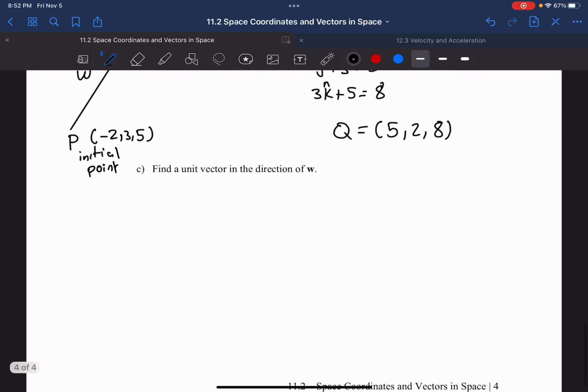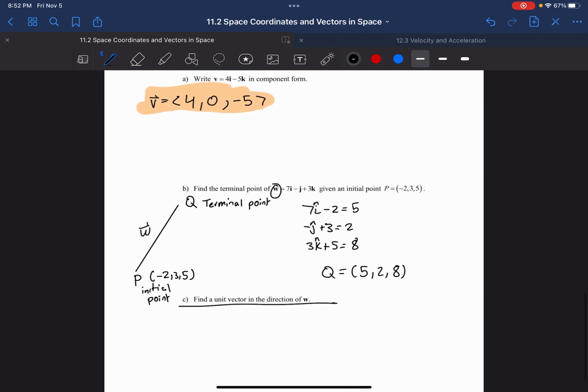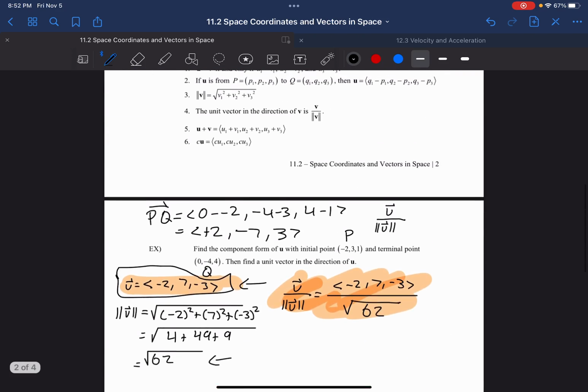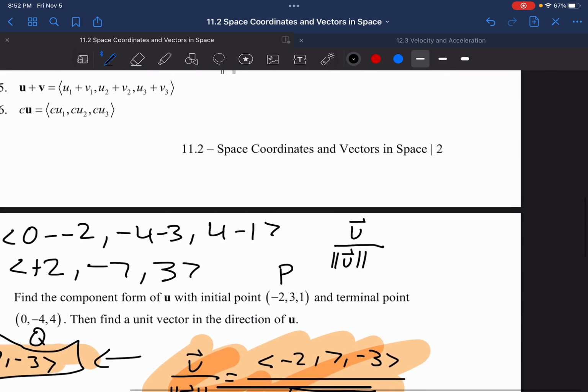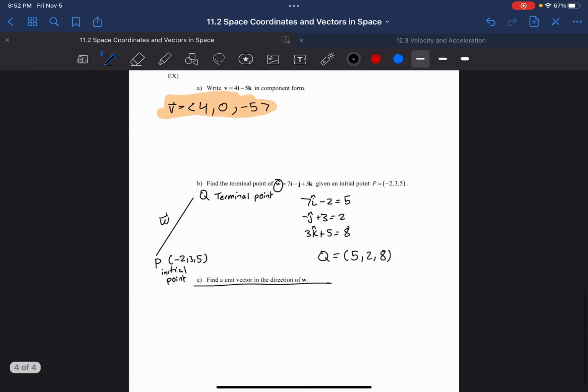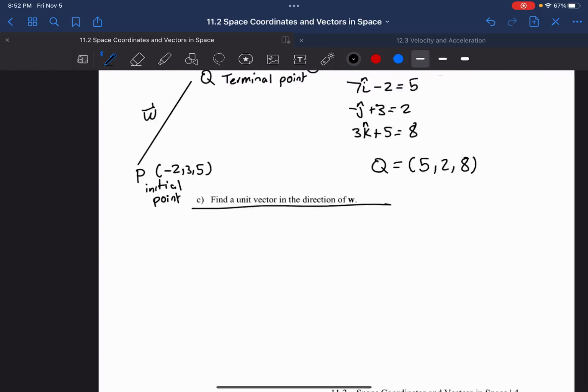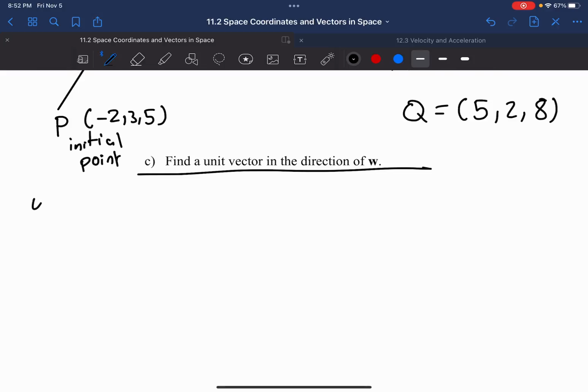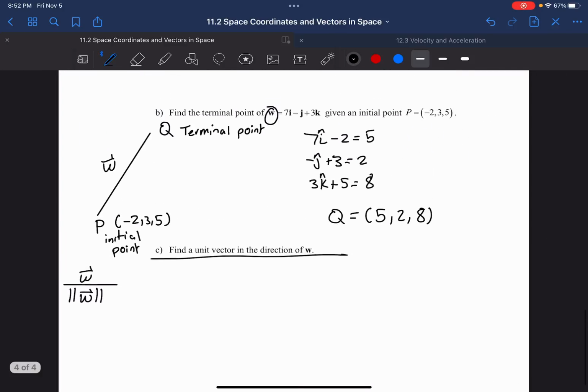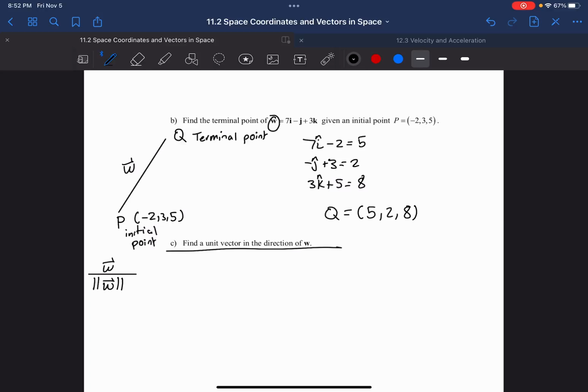So for part C, you want to find the unit vector in the direction of W. Okay, so I showed you guys earlier, this is the equation for how to find the unit vector. So let's write it out again: W over the magnitude of W. In part B, we were given what W was.